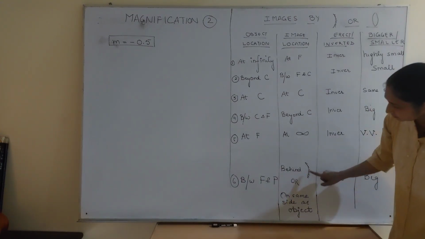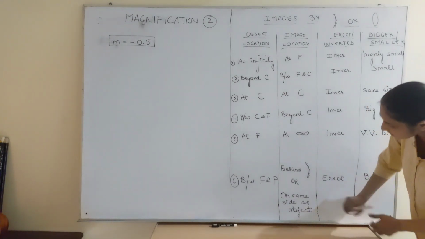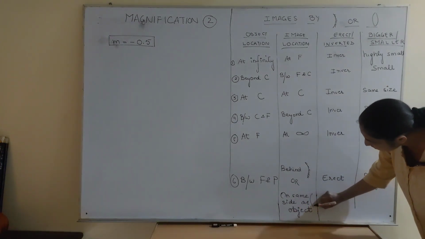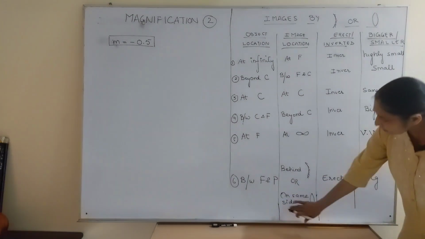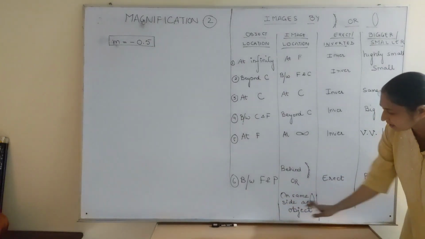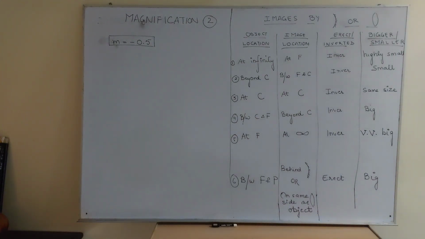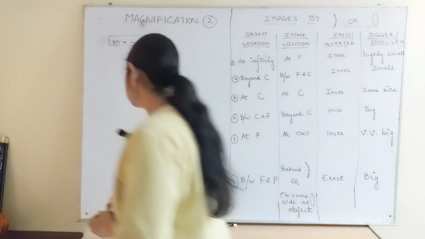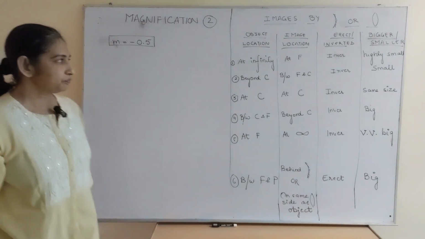And for the location of the image, for mirrors we state that it is behind the mirror. For lenses, we say it is on the same side as the object. Okay, so this is the quick revision of what we are supposed to know before going ahead.